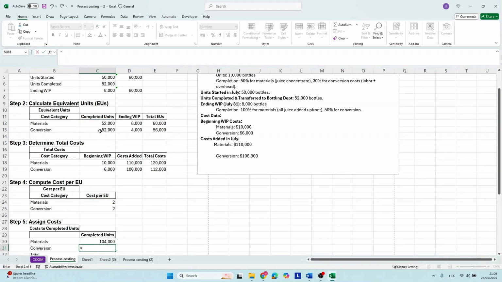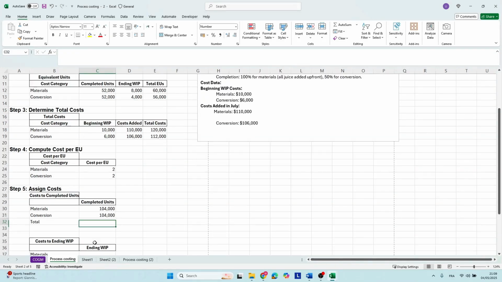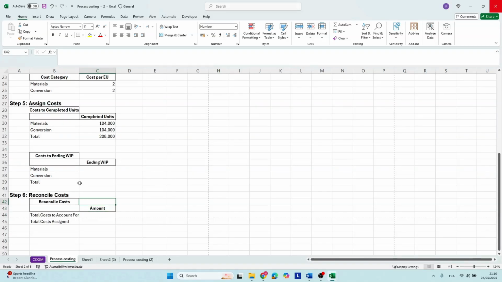Then we'll do the same thing for conversions times the conversion cost per unit, which is $2. And we get the total cost to complete units of 208,000.